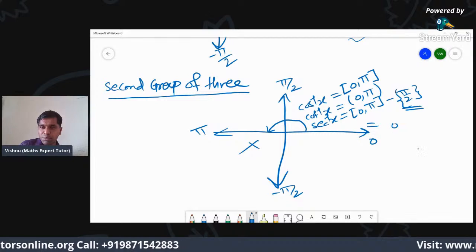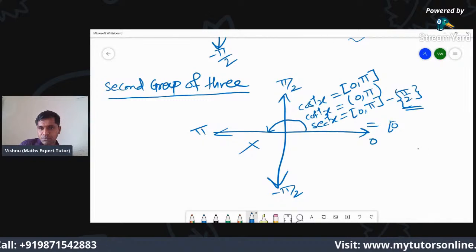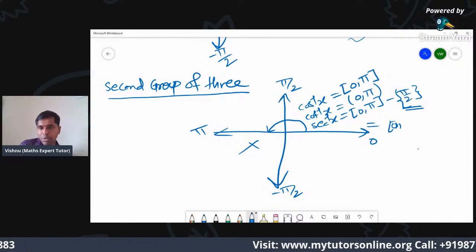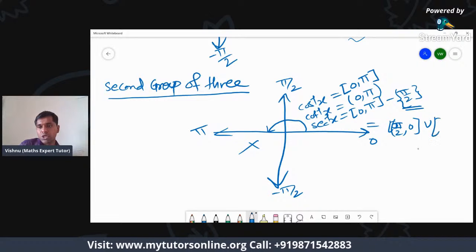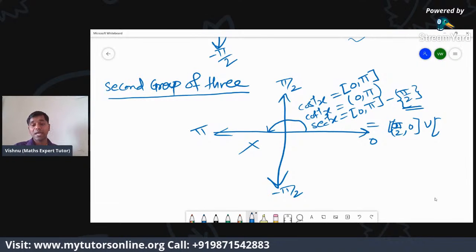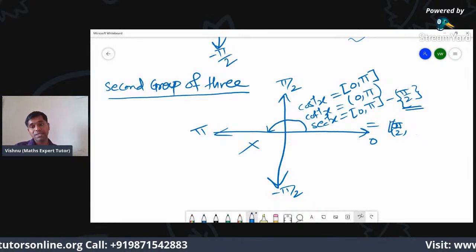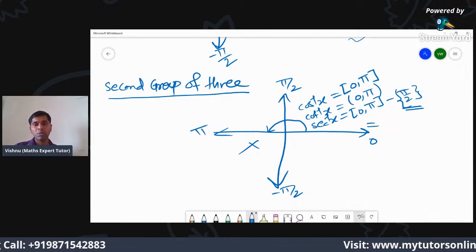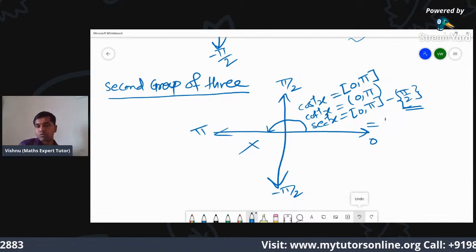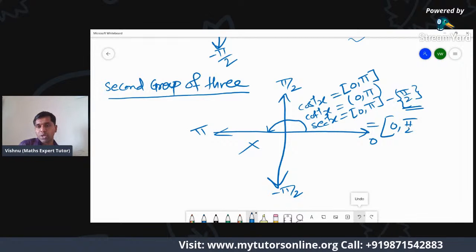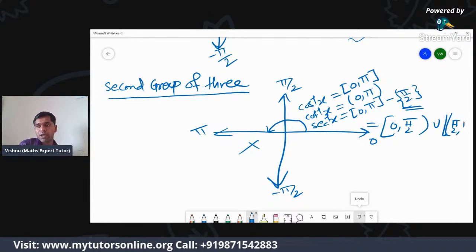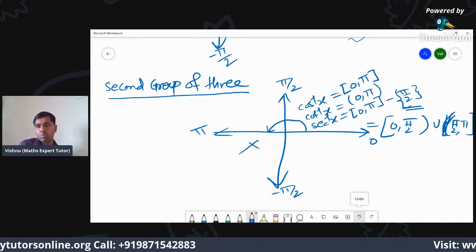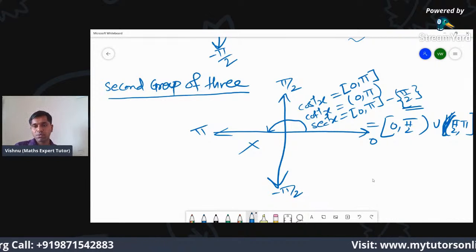Effectively people write it like that also: 0 to pi by 2 open interval, union pi by 2 to pi closed interval, just like last time. This has to be open.